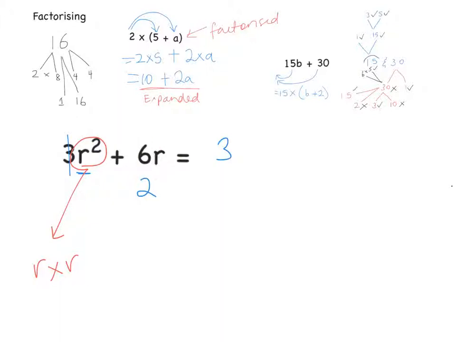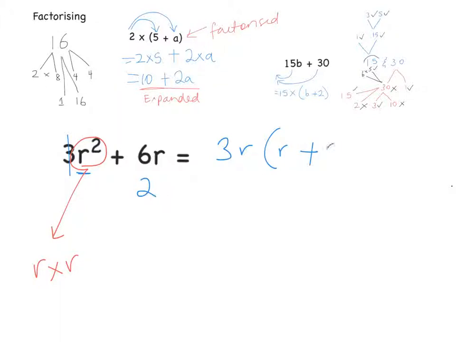So if we take out one of the R's as well, inside the bracket, to get 3 times R, which is what this whole thing is, 3R times by R gives us 3R squared, plus, what do we times by 3R to get 6R? Oh, look, we wrote it down earlier. It's a 2. Very good.